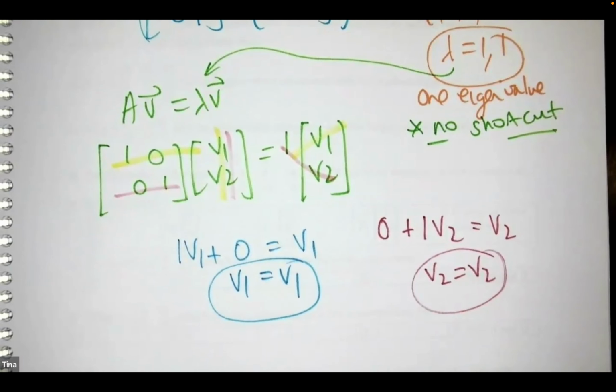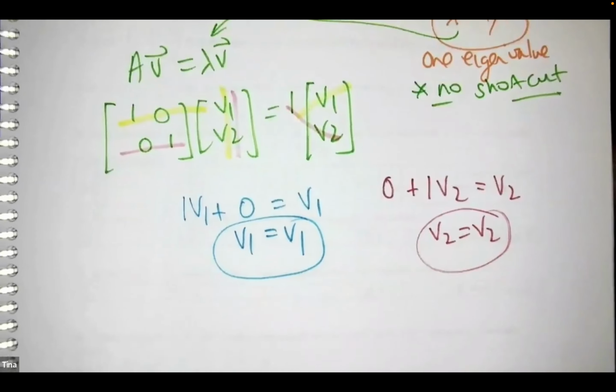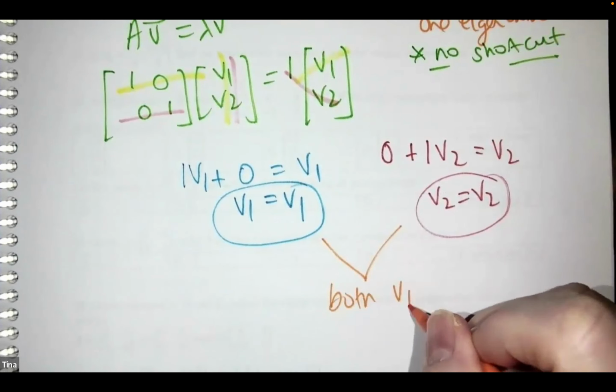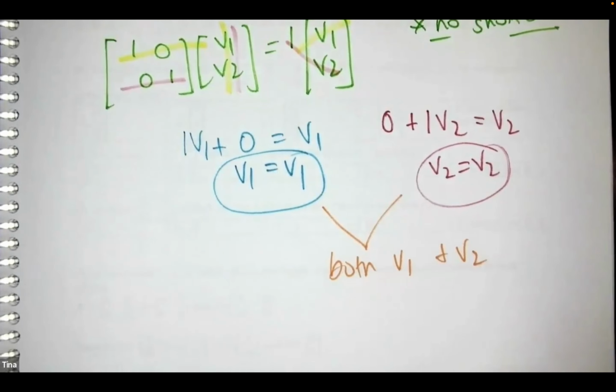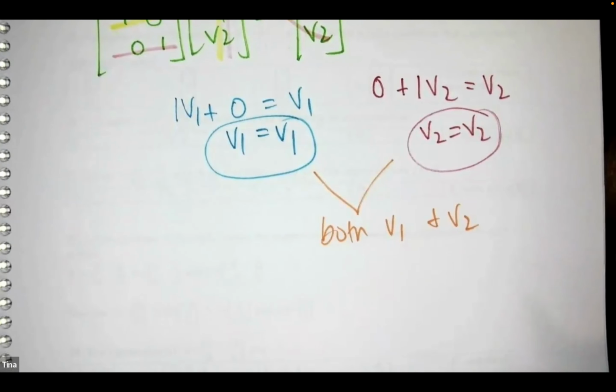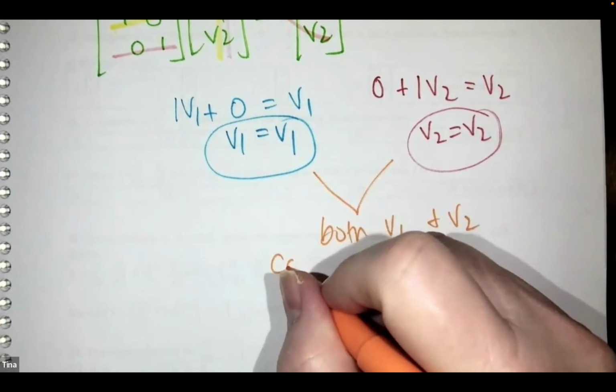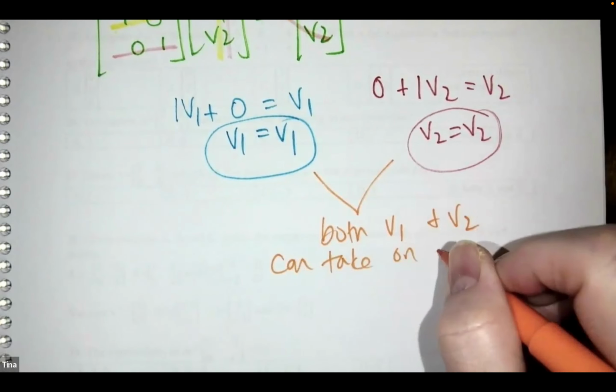So we didn't get that V1 is 0 or V2 is 0 or anything like that. We're just getting V1 is itself and V2 is itself. So guess what? That means that both V1 and V2 are what we call a parameter. Remember when we had those t's in our answer? So they can take on any value.